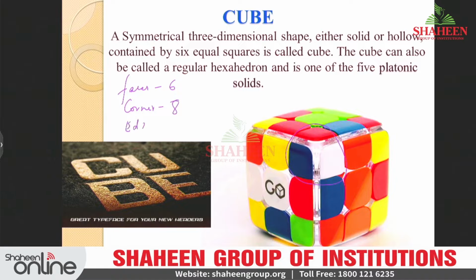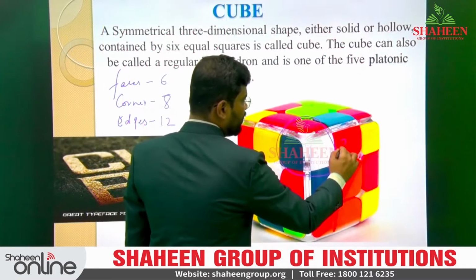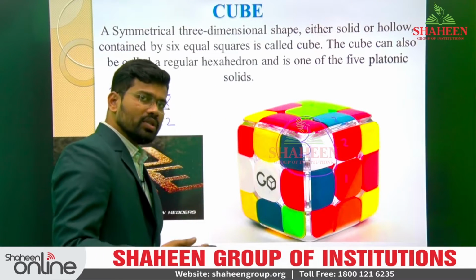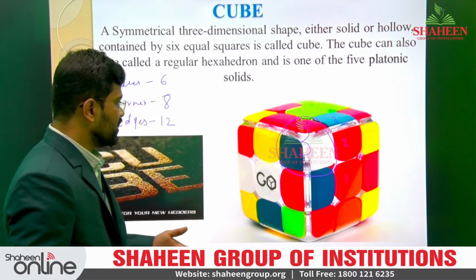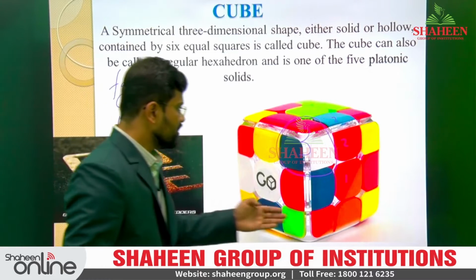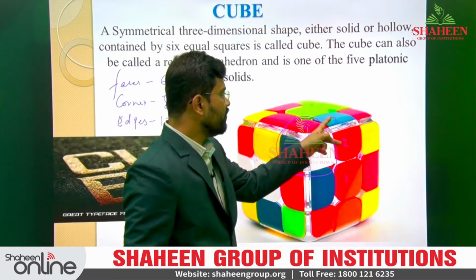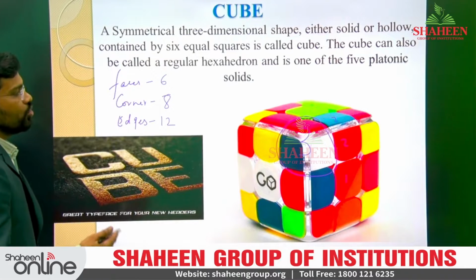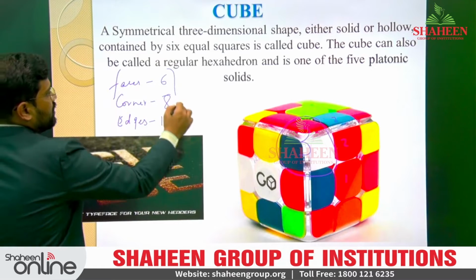And how many edges? There are 12 edges. In the cube and cuboid, we will be learning single face, double face and triple face colored. How many such small cubes are there in a big cube whose single face is colored, double face colored and triple face colored? This we will discuss in the cube and cuboid session.